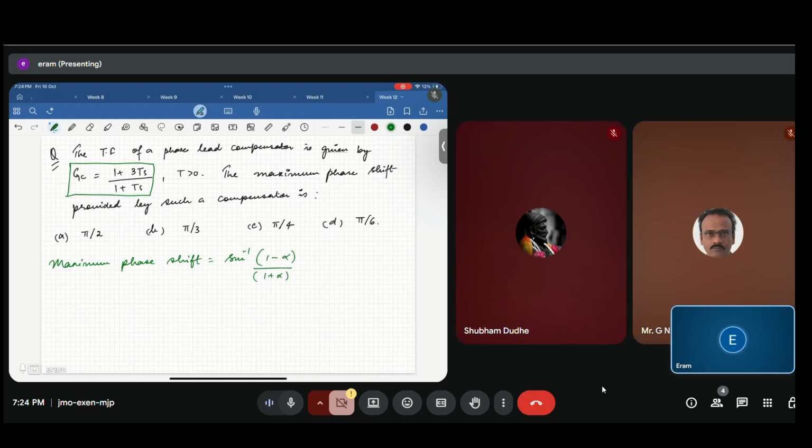No. If alpha were equal to 1, then we would have a zero at, let's see, GC is given as (1 plus 3TS) and what is this? 1 plus TS.